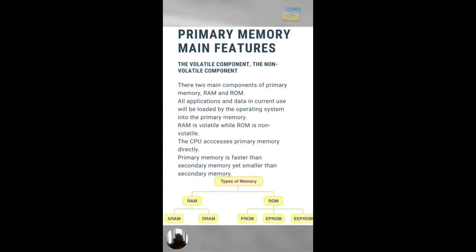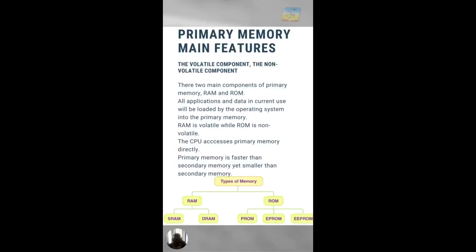The random access memory is divided into static RAM and dynamic RAM, and then the ROM is divided into PROM and EEPROM. Here we are not going to discuss EEPROM, but we are going on the ROM part. We are going to discuss PROM and EEPROM.